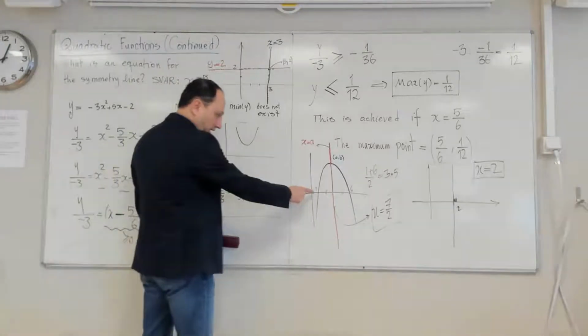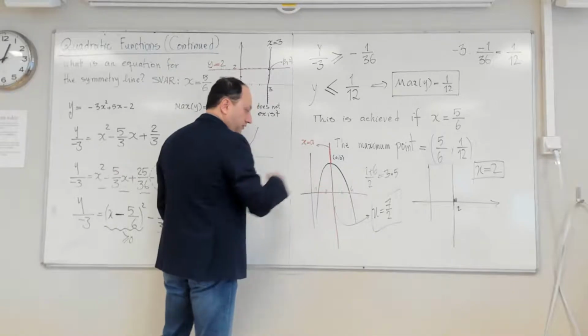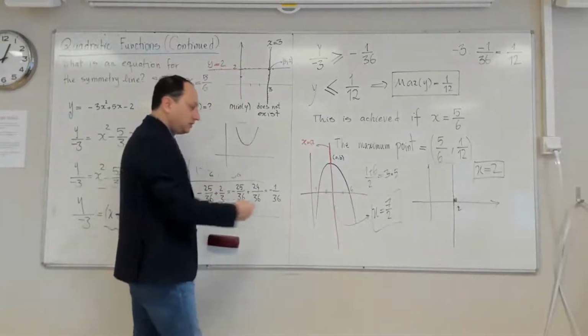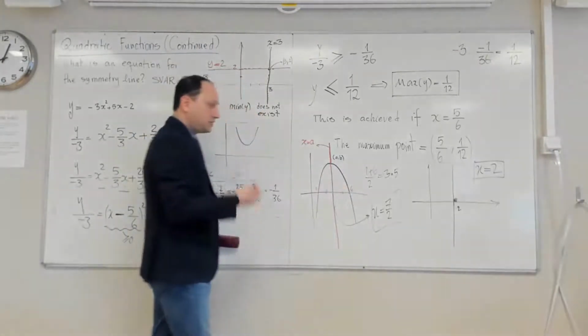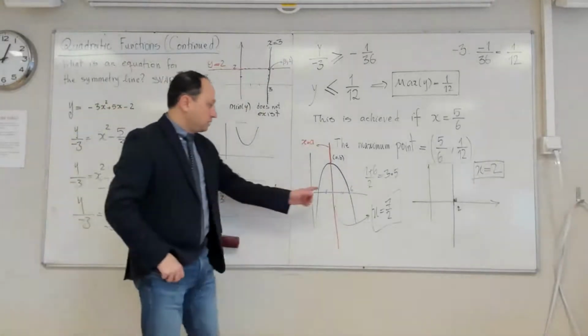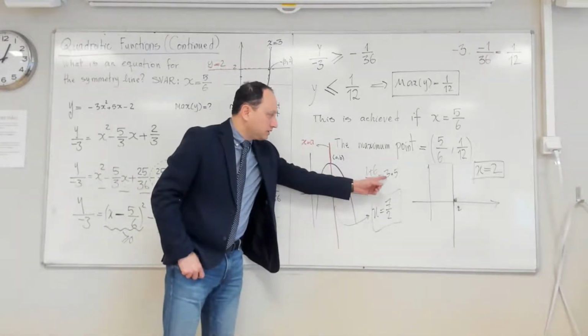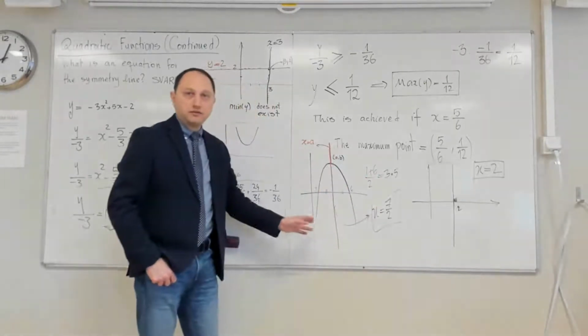For example, assume that this is 1 and this is 6. Immediately you can find the middle point. You just add these two numbers and divide by 2. This gives you the middle number, which is on the symmetry line. So x equal to the middle number is an equation for the symmetry line.